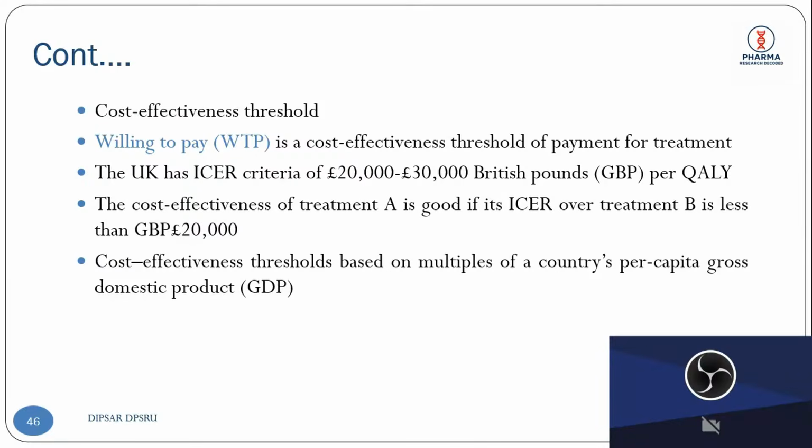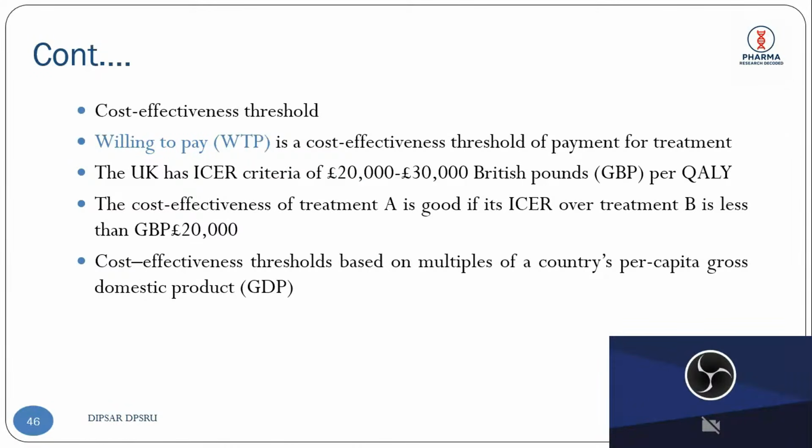And then when we calculate the ICER, we compare it with the cost effectiveness threshold. Every country has its own threshold, right? That we call willingness to pay, WTP. WTP is a cost effectiveness threshold of the payment for treatment, and every country has a different WTP. That's why XYZ medicines might be cost effective in the US but not in India, because the Indian WTP is different, and willingness to pay is calculated based on the GDP of the country.